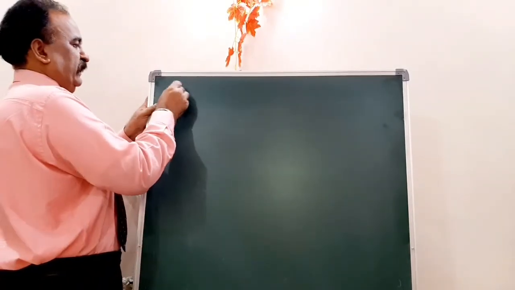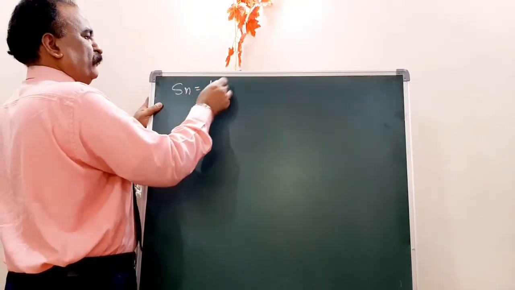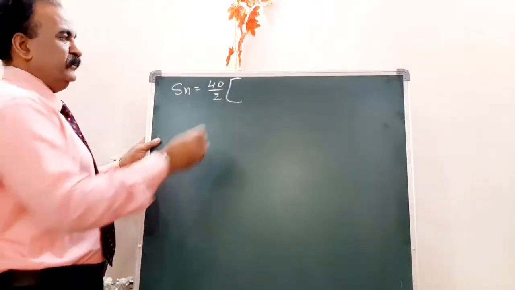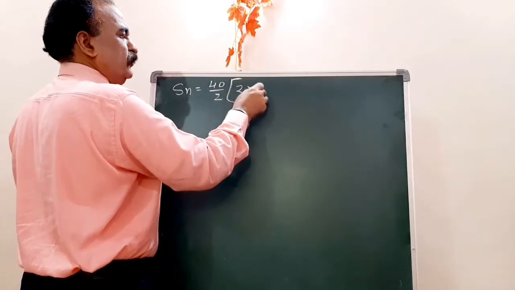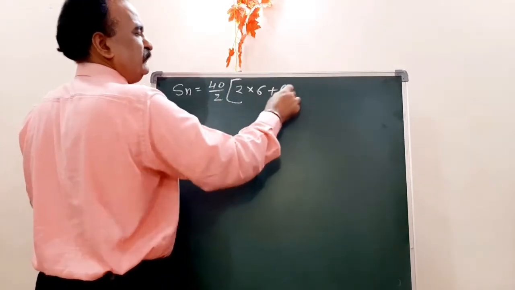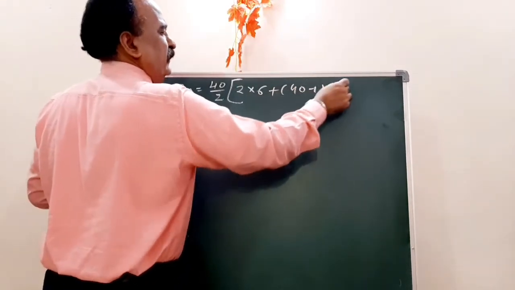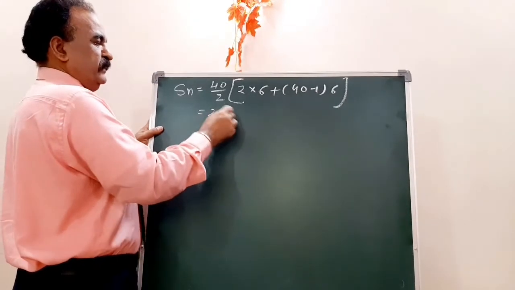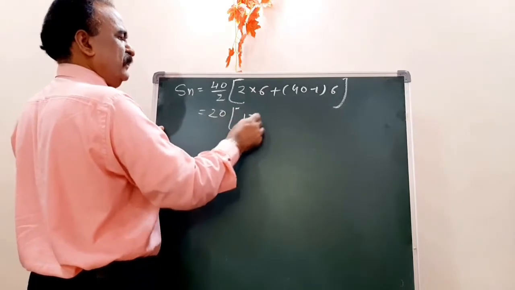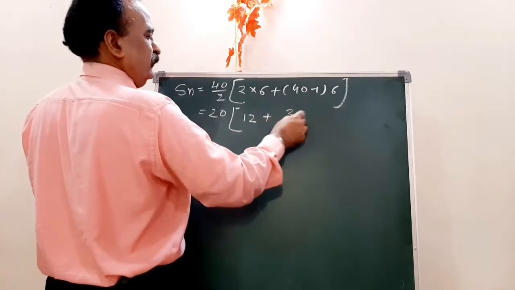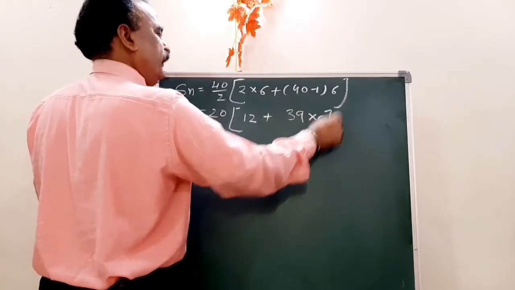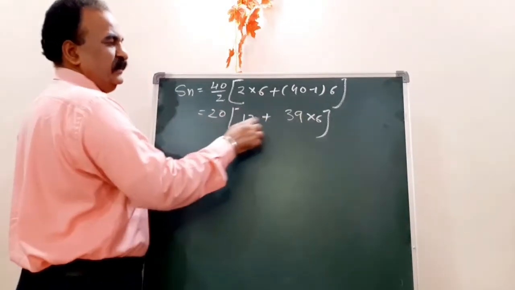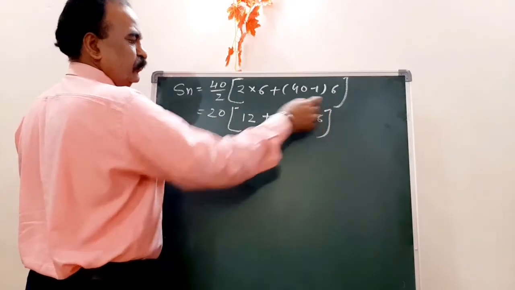Now, Sn is equal to 40 by 2, because the number of terms is 40. 2a, so 2 into first term 6, plus 40 minus 1, and common difference will be 6. So 20 into bracket 12 plus 39 into 6.